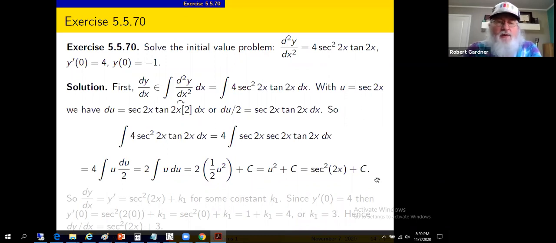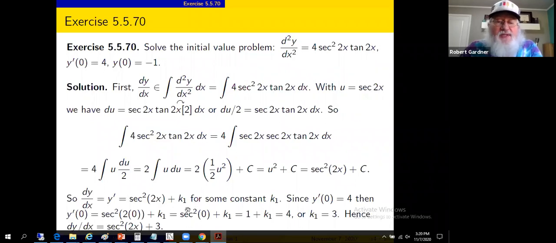So where are we here? We're in the indefinite integral of the second derivative. I know the derivative is an element of that set. This is a set of functions of the form secant squared 2x plus some constant. So if I pick a particular one of those, like dy dx, it's going to be of the form secant squared 2x plus some specific constant.